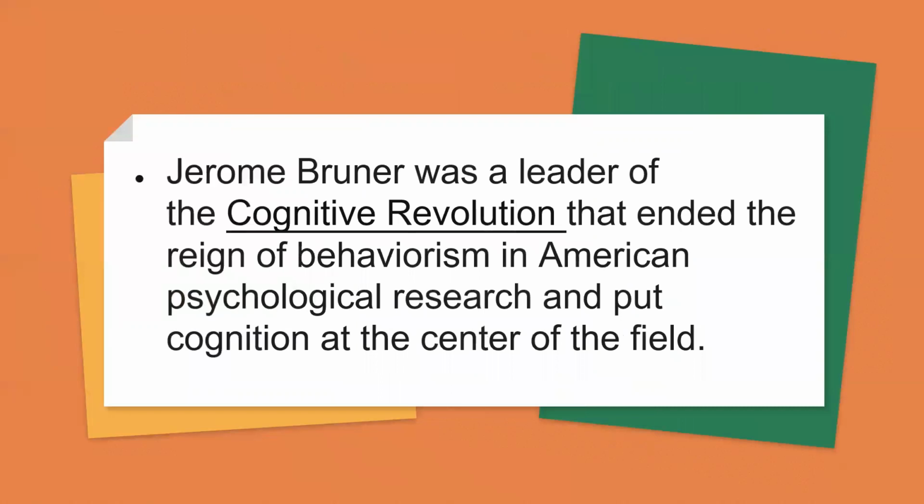Okay, first, who is Jerome Bruner and why is he significant in cognitive psychology and education psychology? So Jerome Bruner was a leader of the cognitive revolution that ended the reign of behaviorism in American psychological research and put cognition at the center of the field.